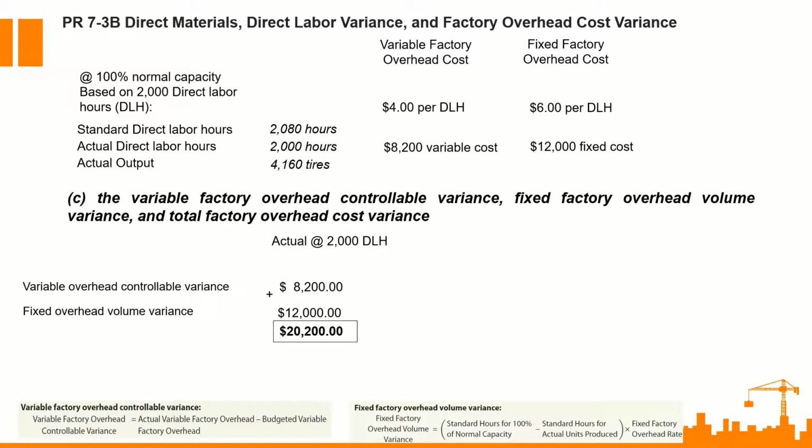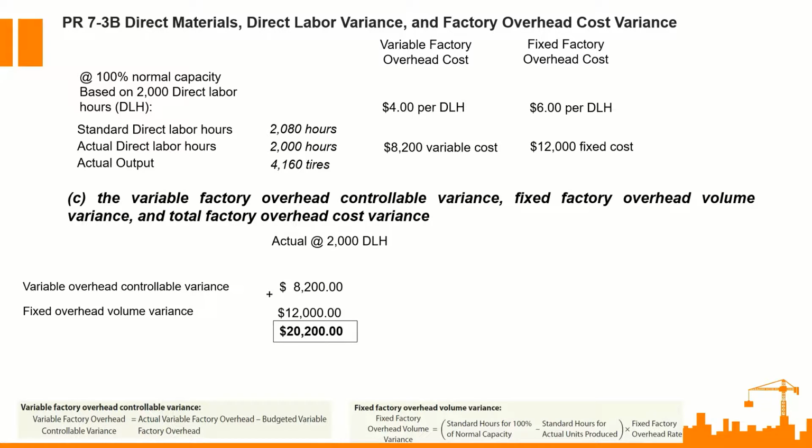Now, who do we compare our actual with? When we account for factory overhead, do we initially use the actual in accounting for work in process? No, we use the predetermined overhead rates. For this, we need to use the standard direct labor hours. Why?